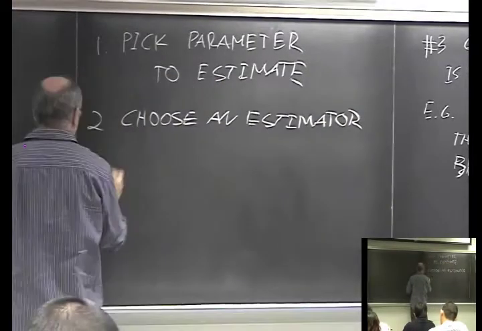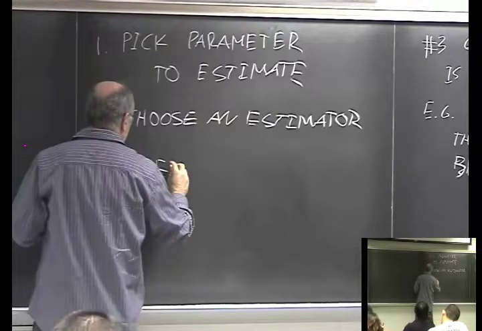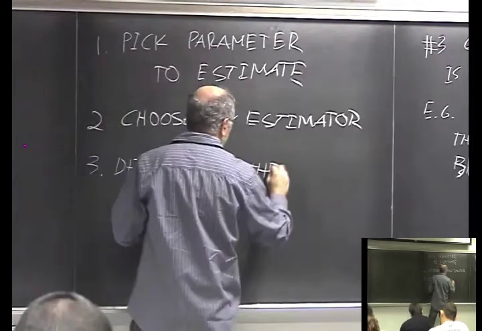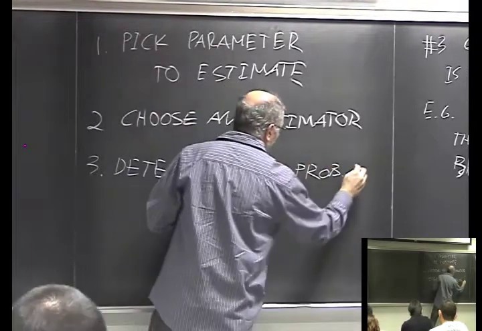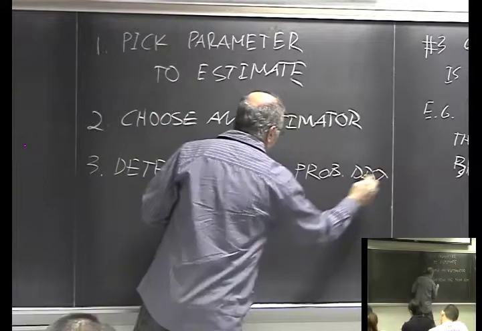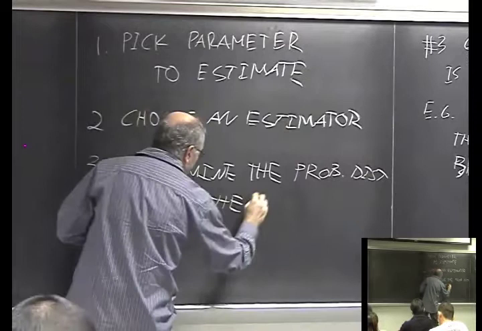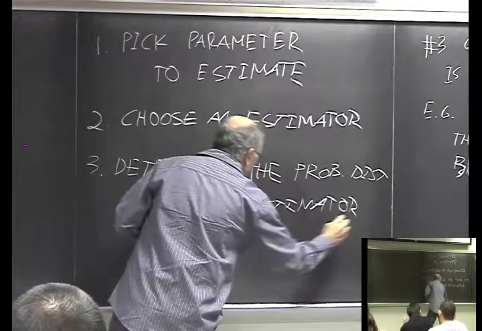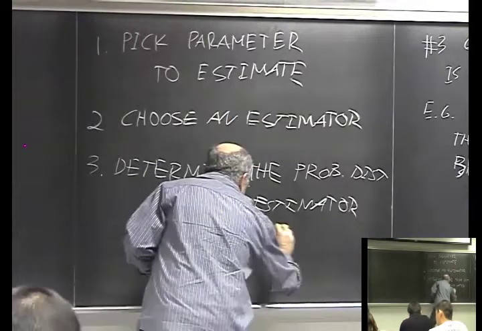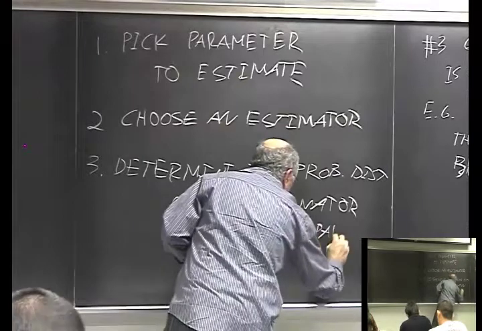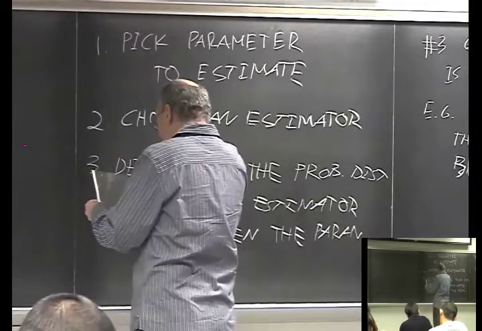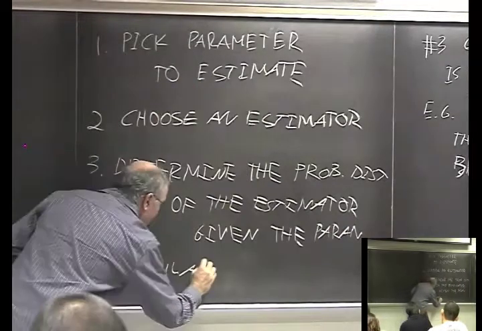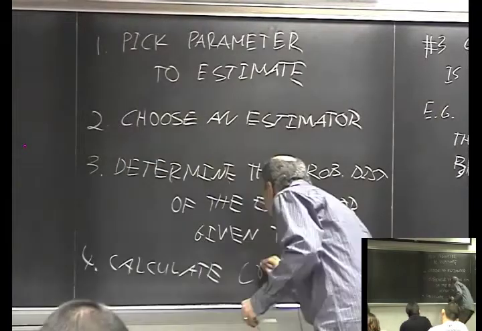Step 3 is determine the probability distribution of the estimator given the parameter. Step 4 is calculate the confidence interval, or derive the confidence interval formula.